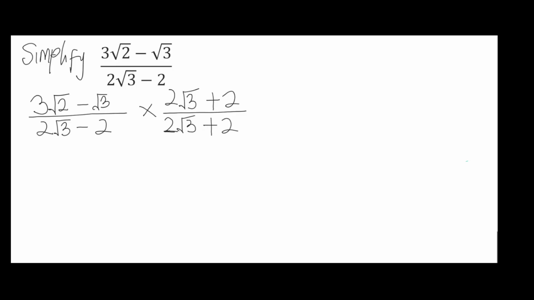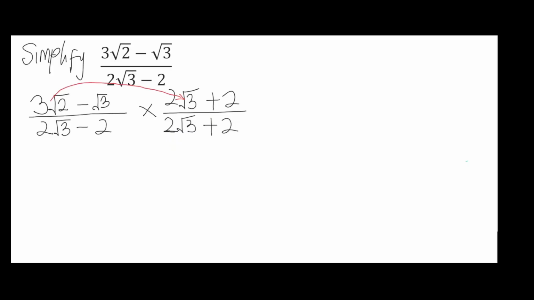So we multiply all that we have here with this, then also multiply this with this. So it's just like expansion. Let's quickly get that done. We have 3 root 2 to multiply 2 root 3.